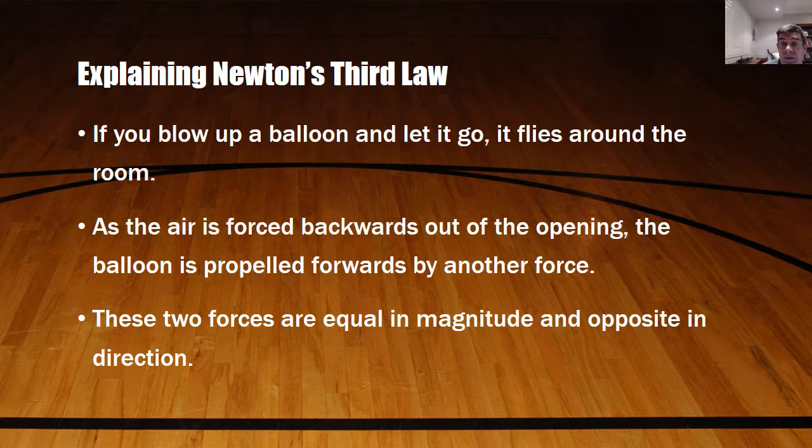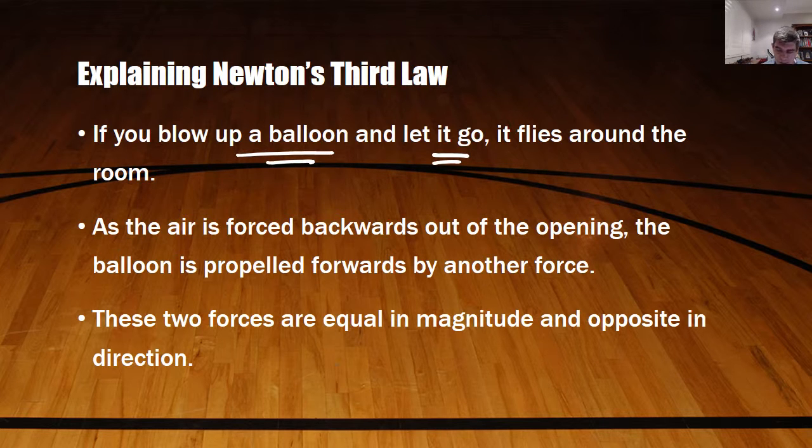There are lots of situations where we can invoke Newton's third law to explain what is going on. Probably the simplest one, and one of the examples that comes up a lot, is rocket ships. If you were to blow up a balloon and then let it go, it flies around the room.